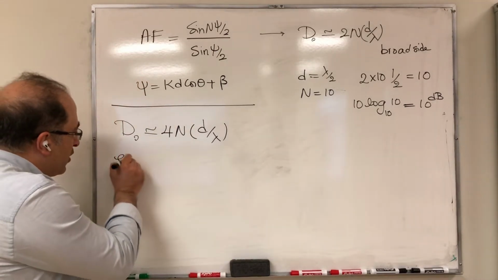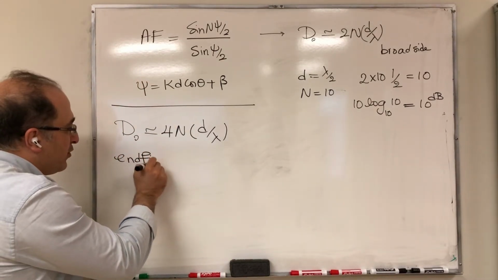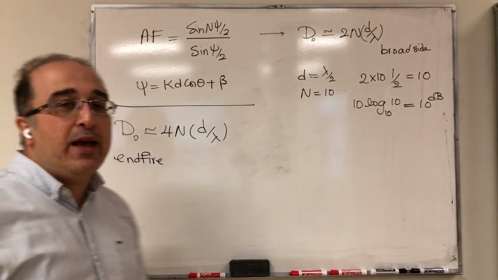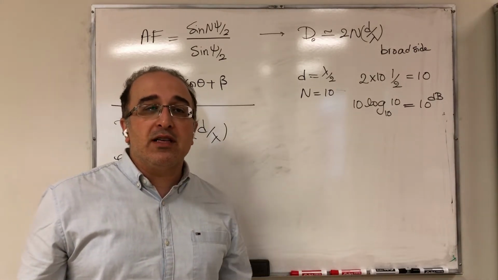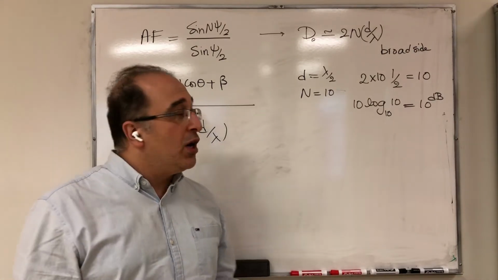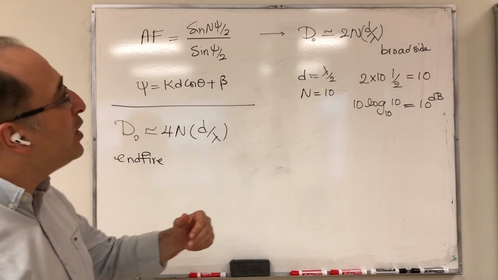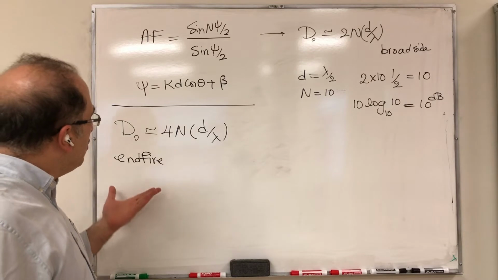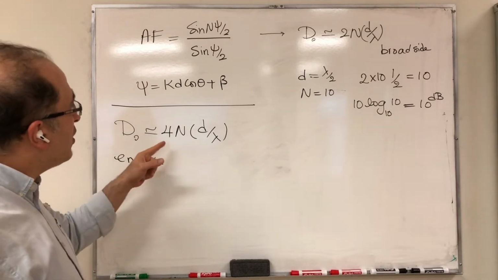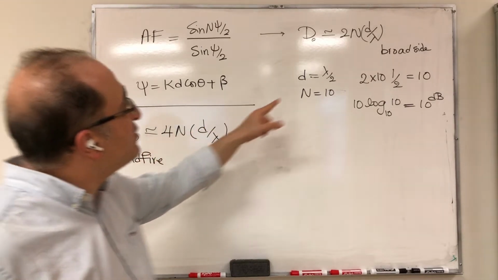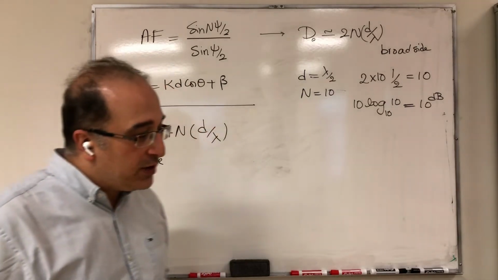So this is for our end fire, for example an end fire that has a main beam at theta equals 0 or theta equals 180. That's your end fire in this case, and this is your broadside. It is very important to note this factor of 2 in these two cases.